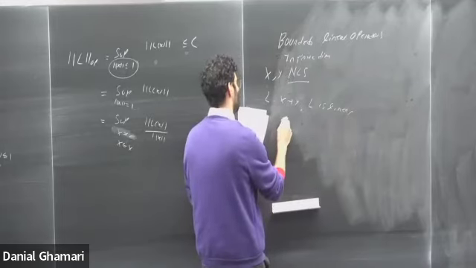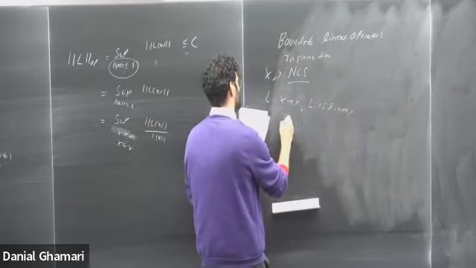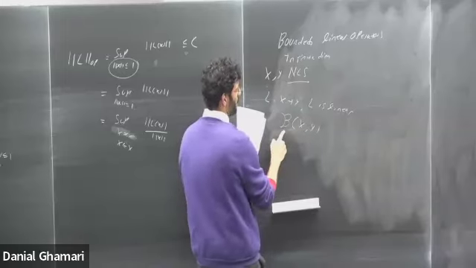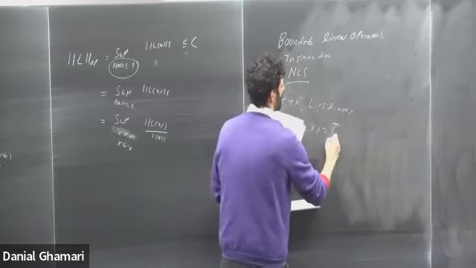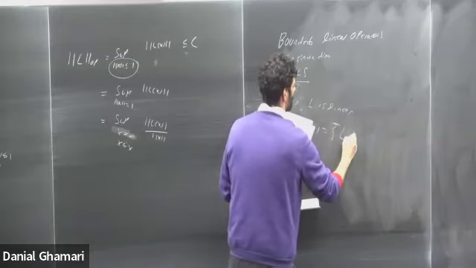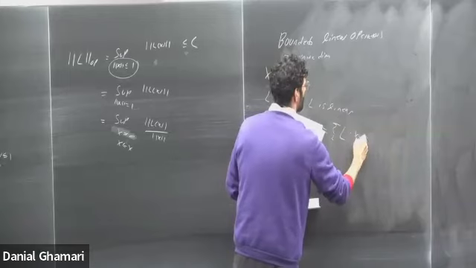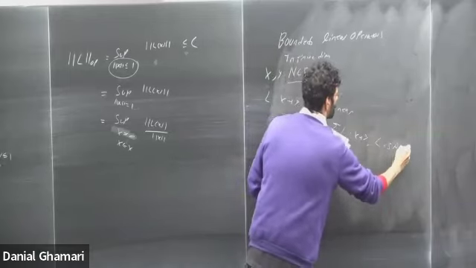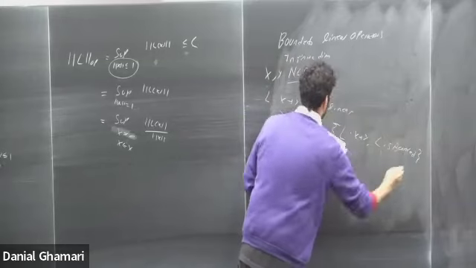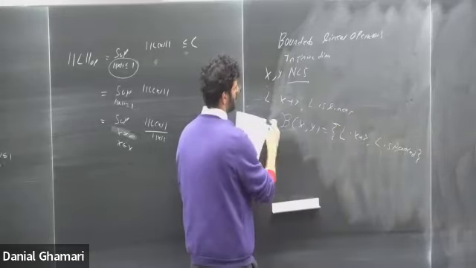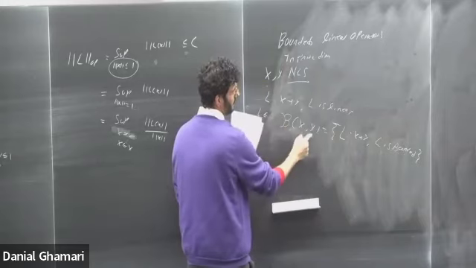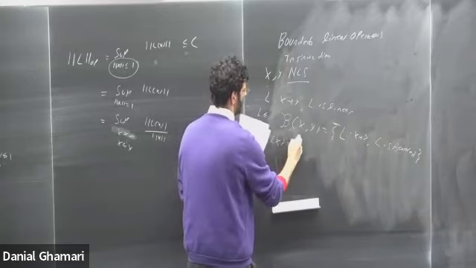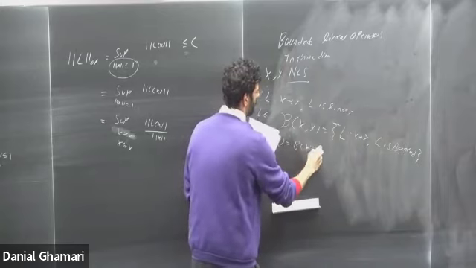And we'll denote bounded operators by B of X comma Y. So B of X, Y is the set of all bounded linear operators from X to Y. This is a notation I'll be using from now on. I'll just say L is an element of B of X, Y. And then I'll also use B of X, which is equal to B of X, X, so maps from X to X.